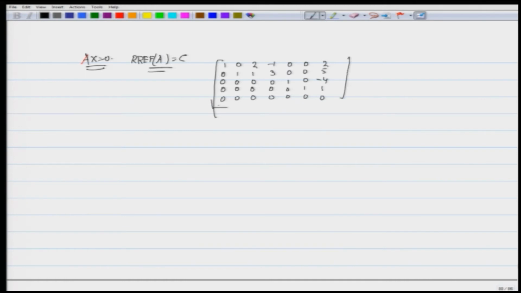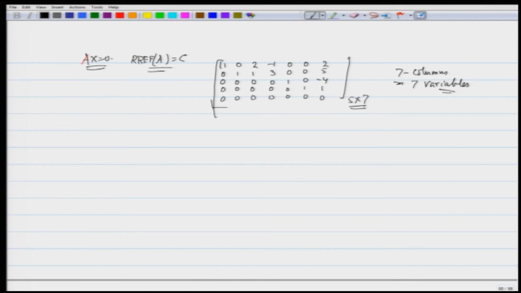Suppose this is the matrix that I have, all right. So, it is 5 cross 7. So, how many variables do I have? Since it has 7 columns, this implies 7 variables or 7 unknowns, fine.